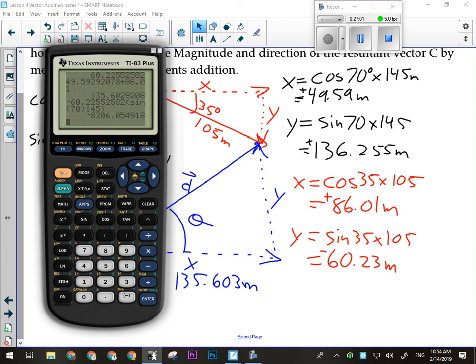Oh, it's because I multiplied it. All right, so I'm getting that blue y, which I got by going 136.255 plus negative 60, is 76.0299.